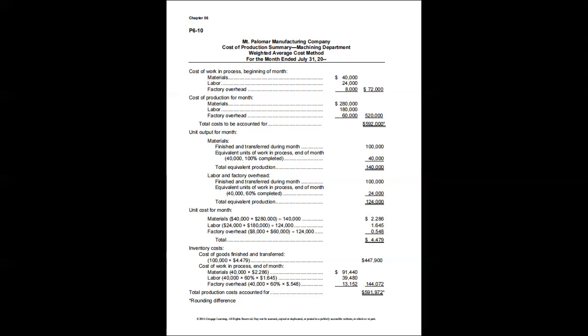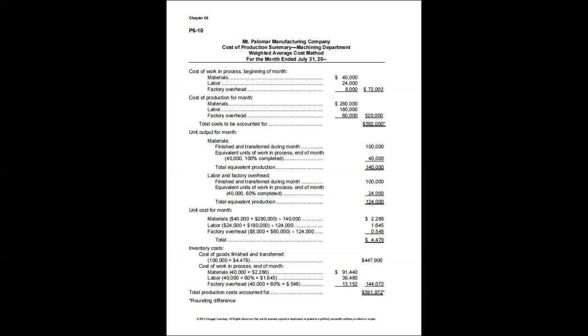Then the cost of production for the month is adding materials, labor, and factory overhead, 280, 180, and 60 for machining. So the total cost to be accounted for is 592,000.